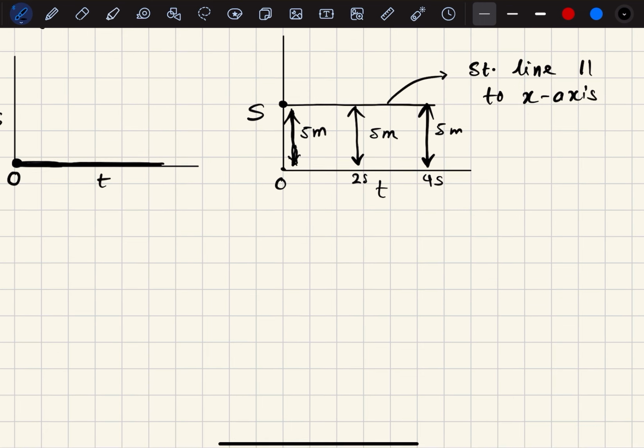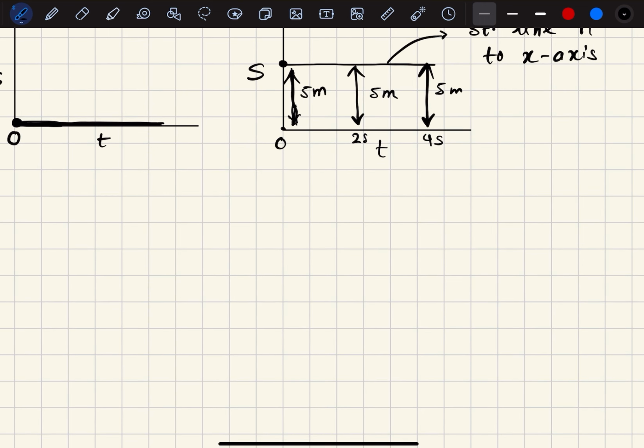Okay. Now let us take that the body is moving with a uniform speed. That means speed is constant.